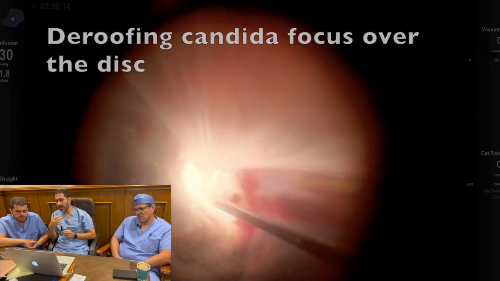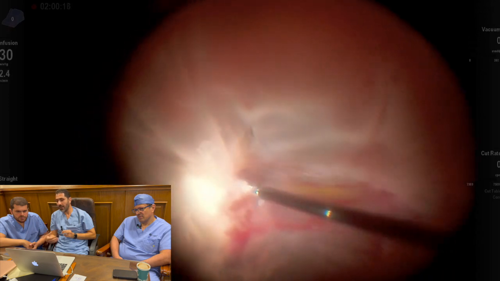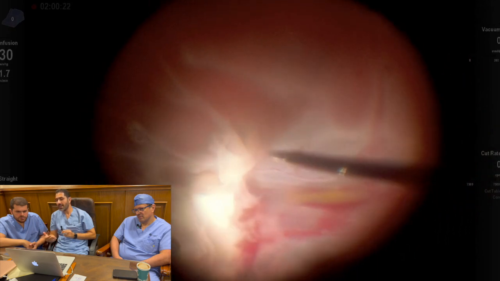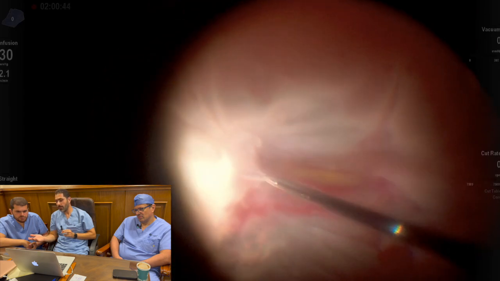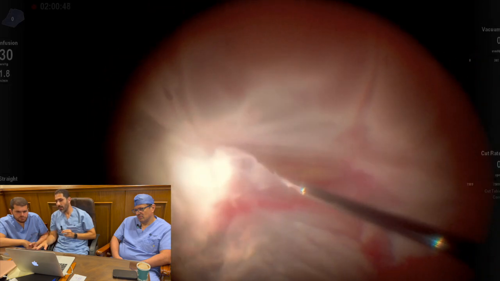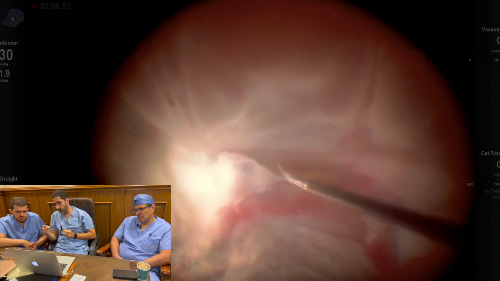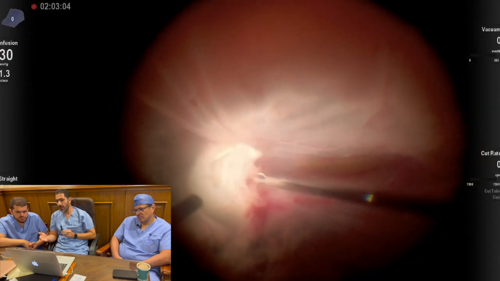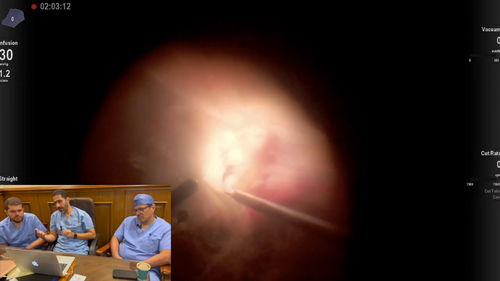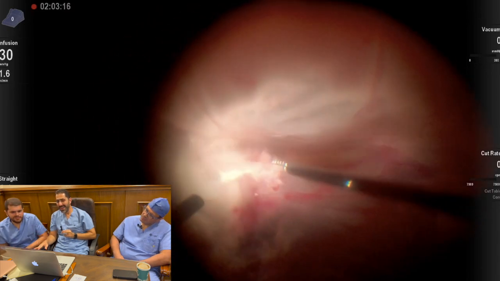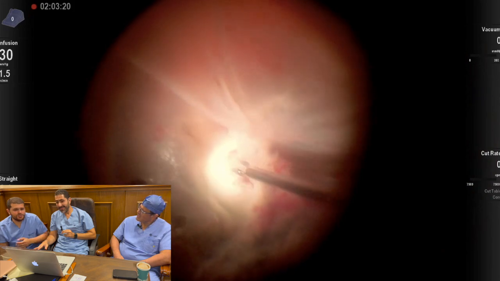When the retina started to lay down and unfold, that was the temporal part of the retina because this is the left eye, and the other part was the nasal, and the optic disc is under this folded retina. It's going to unfold now and have a much better appearance than what we see now. So I see it's a 2-hour surgery.